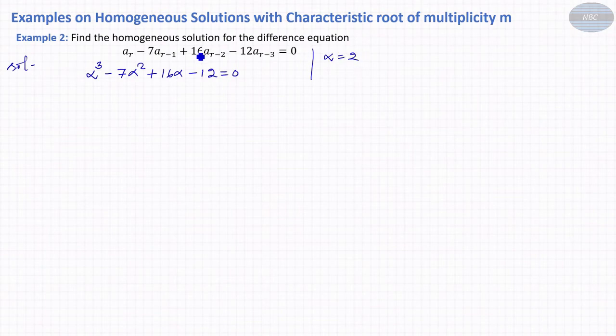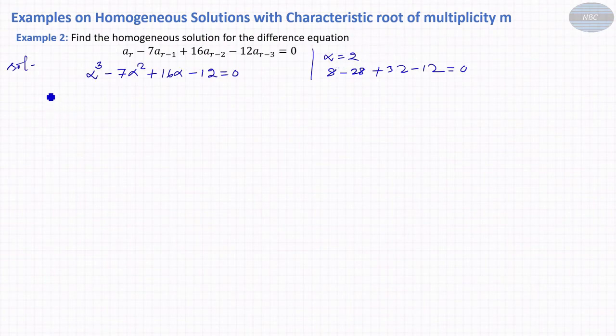So this alpha cube will be 8, minus 7 into 2 squared, 7 into 4 is 28, plus 16 twos are 32, minus 12. So 8 plus 32 is 40, minus 28 minus 12 is 40, so this becomes 0. So we got that alpha equal to 2 is one of the roots.